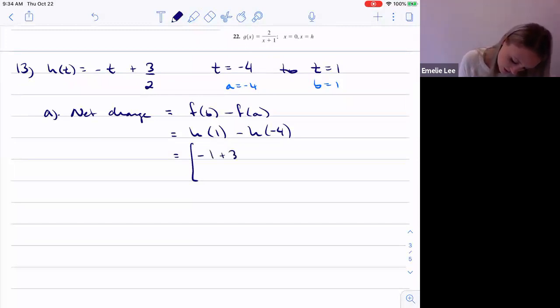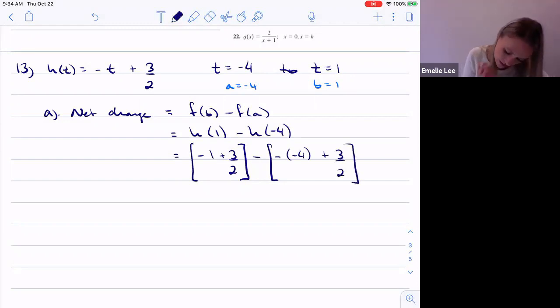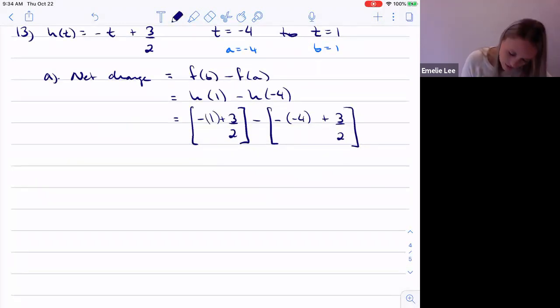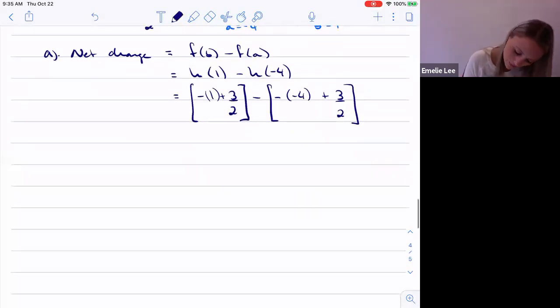Negative 1 plus 3 over 2 minus negative 4 plus 3 over 2. Maybe I'll put brackets around this 1 just to indicate that that was the one I inserted.